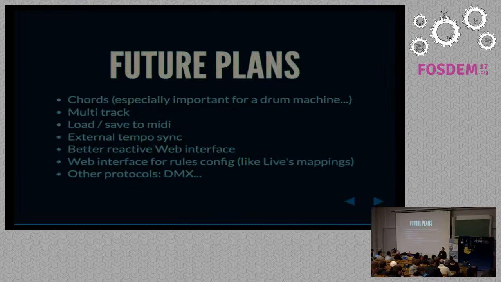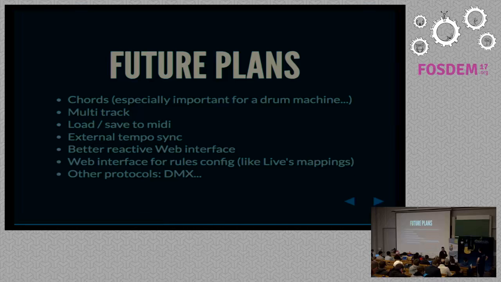So here are some future plans. I would like to implement chords, which are important for a drum machine, for example, because you usually have a kick and a snare at the same time, so that's a chord. And other features like multi-track, MIDI, external tempo synchronization, a better web interface, and a rules configuration interface, because for now I have to program it using Python, but some rules are really simple.